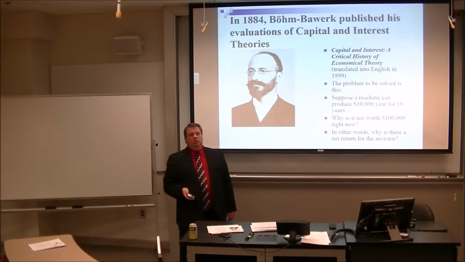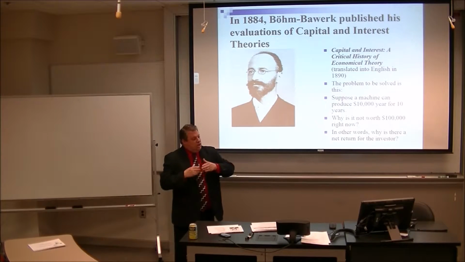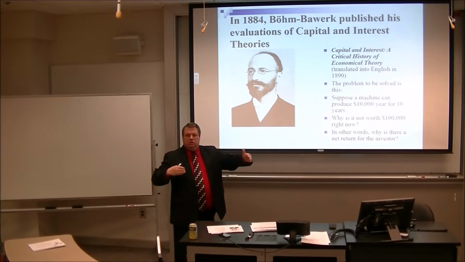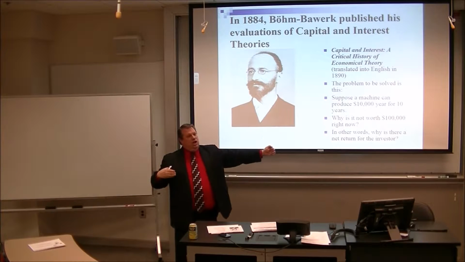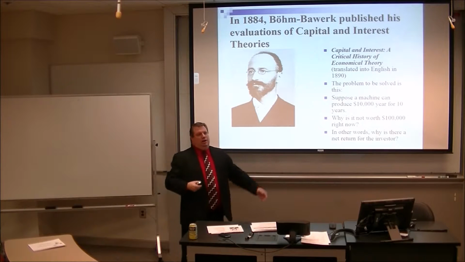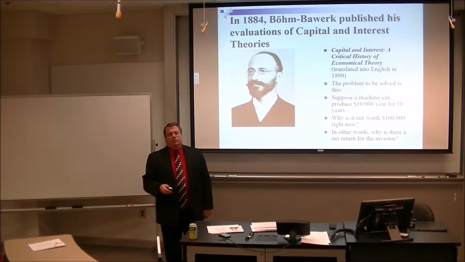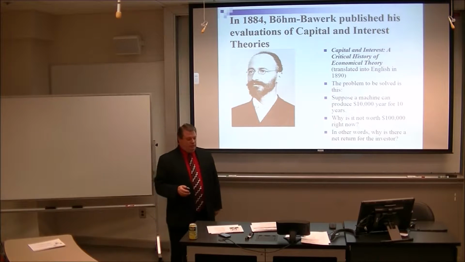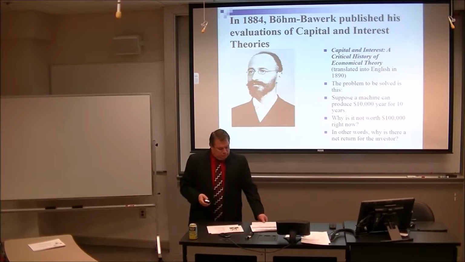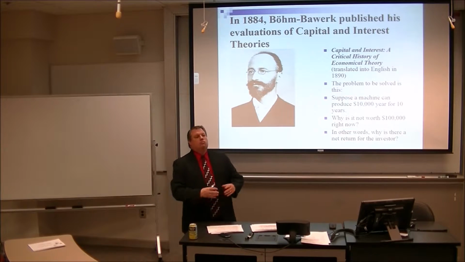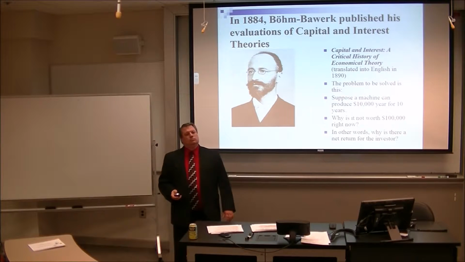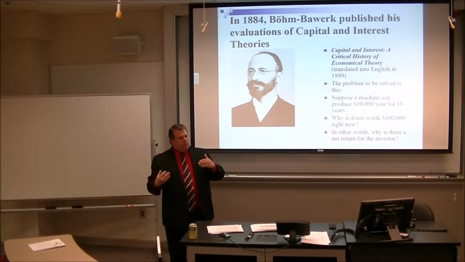And most people say, well, no. Why? Because that $10,000 a year for each year is spread out over time. So you don't just add them all up. In other words, we're asking the question, why is there a net return for the investor? Okay. So this is asking, why is there interest? Why do we discount things at a rate of interest?